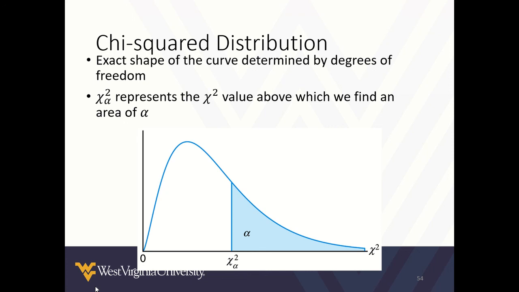And we have chi-squared alpha, which represents the chi-squared value above which we find the area alpha. This is kind of where we have our rejection region, the cutoff point where we consider an event to be unusual or not.